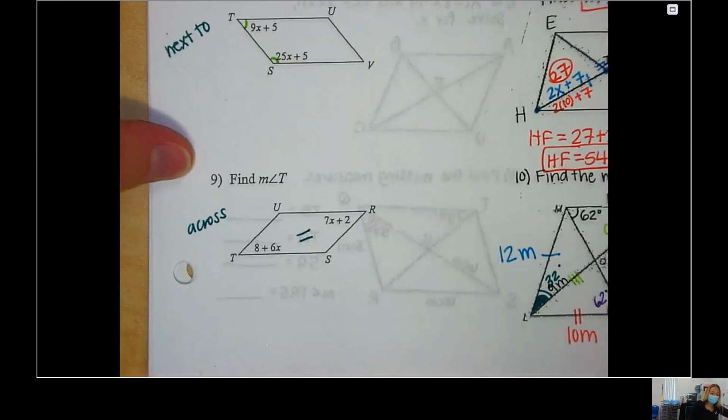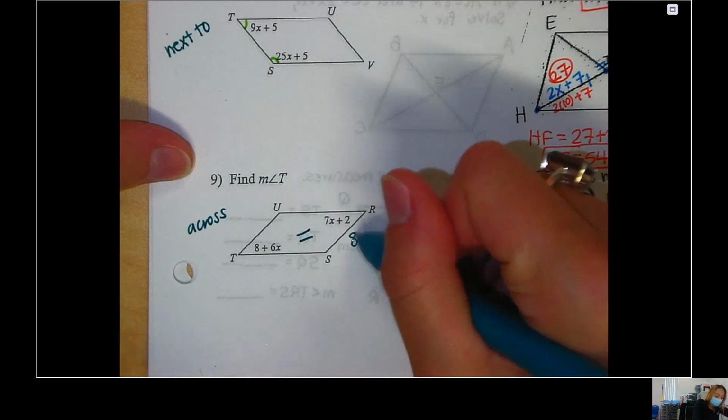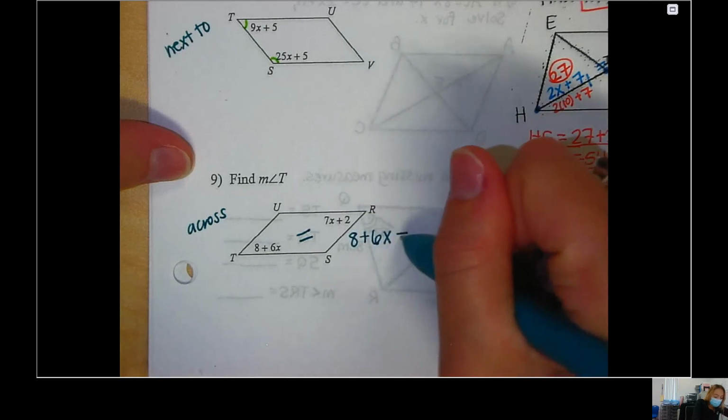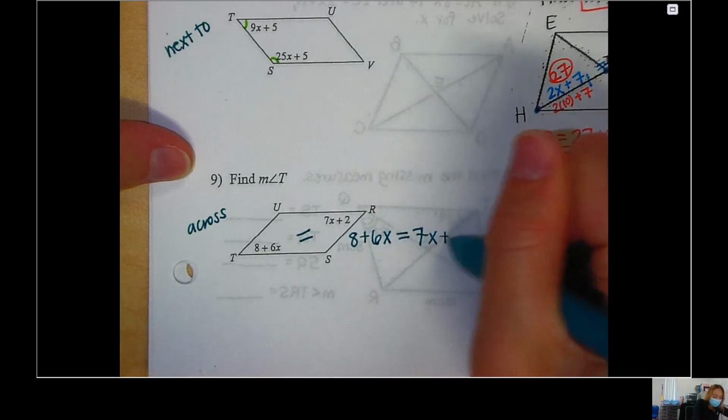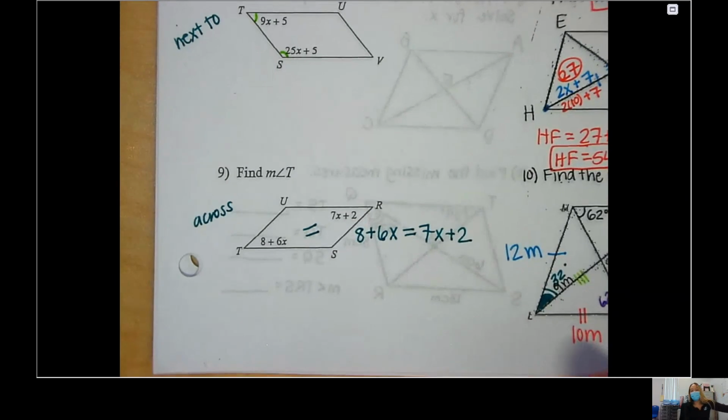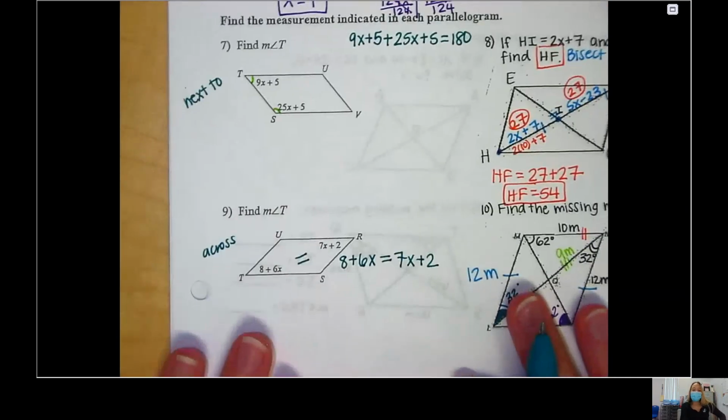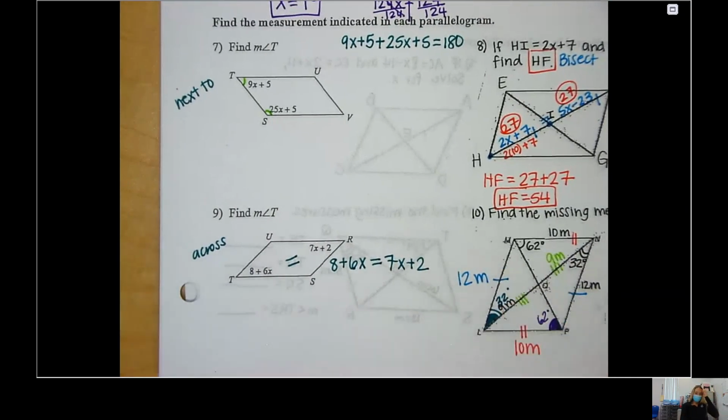So your second equation is going to be 8 plus 6x equals 7x plus 2. So I'm going to give you the next few minutes here to finish up 7 and 9, and we'll check it right at the end of the period. So you've got just a couple minutes for number 7 and number 9. Take some time, finish those 2.